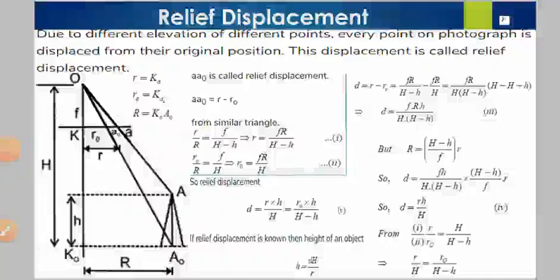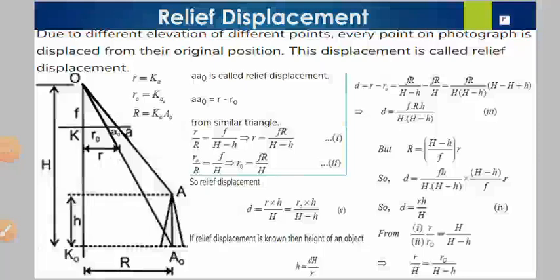Important terminology which is frequently used in aerial photogrammetry is relief displacement. It is defined as the displacement of the object on the photograph due to its difference in elevation.